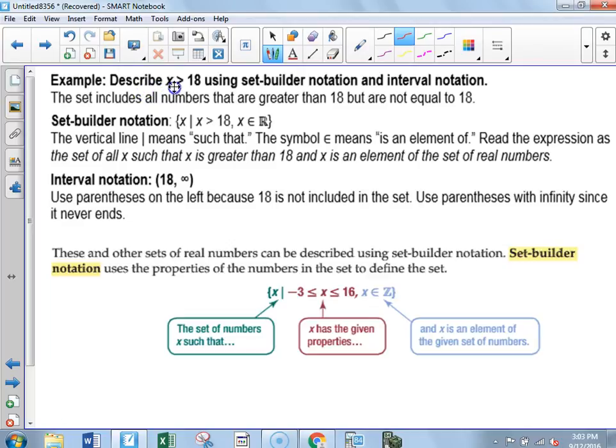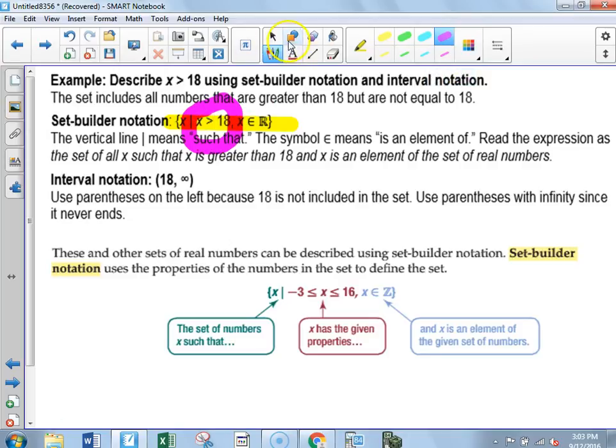Okay, so here's an example. If we said x is greater than 18, this is what it would look like in set builder notation. This is read x such that x is greater than 18, where x is an element of the real numbers. Okay, I agree. But if you ever see this on a test or quiz, just ignore everything except this little middle part right in here that says greater than 18, okay?